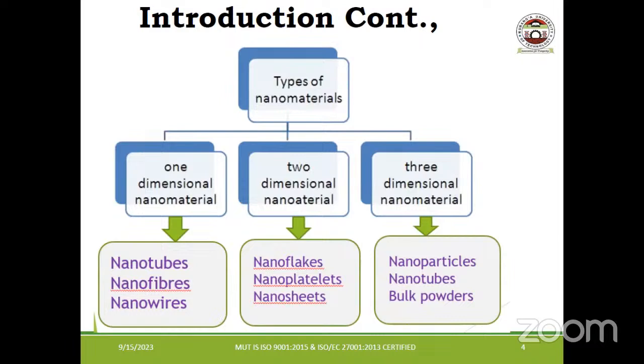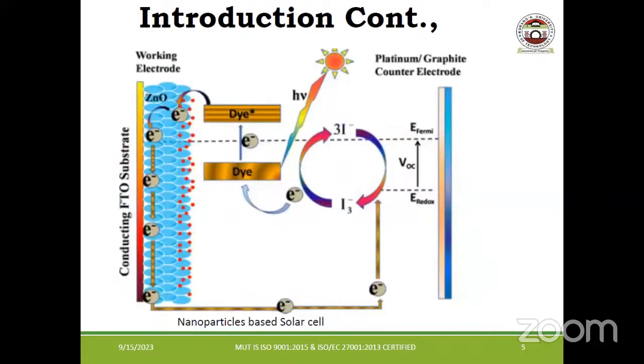And we have the 3D nanomaterials, which are the nanoparticles, the nanotubes or the nanorods, and the bulk powders. So in our research, we are trying to concentrate and see if we can find the nanomaterials, the nanorods, and those will be used in the application of the solar cell that we are working on.